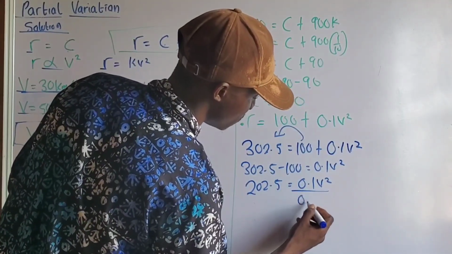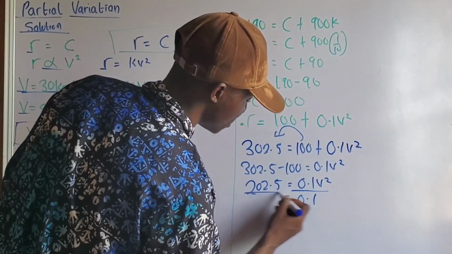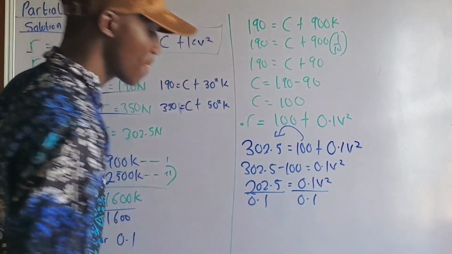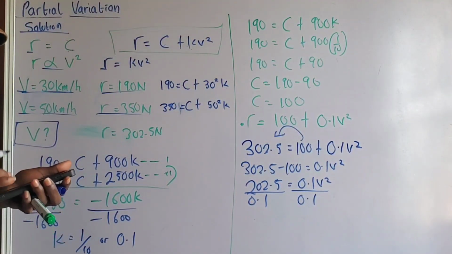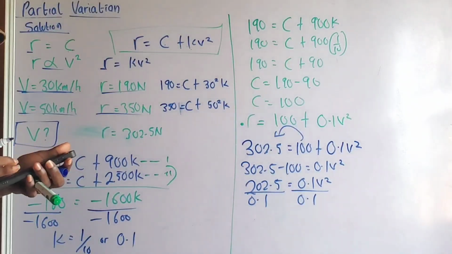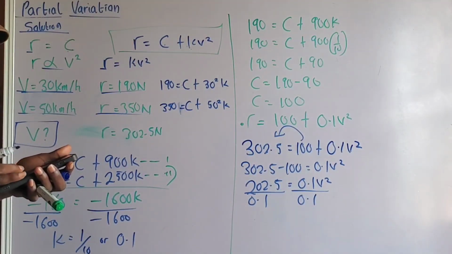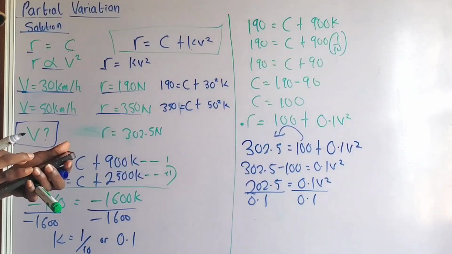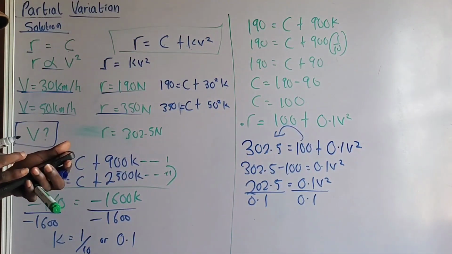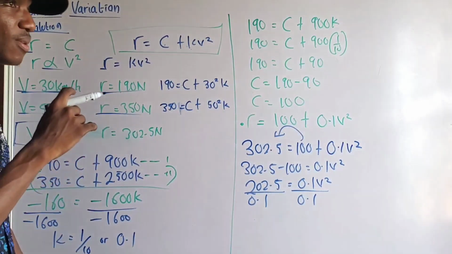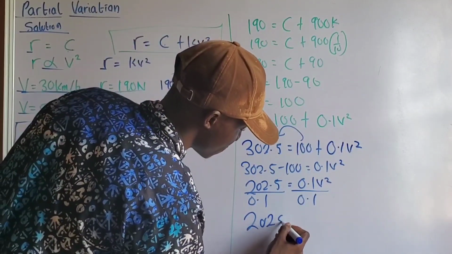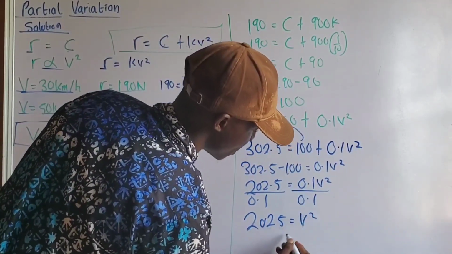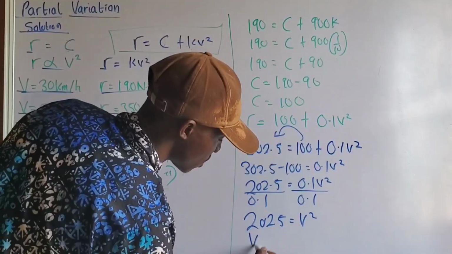To get the value of V, first divide this by 0.1. 202.5 divided by 0.1, that is 2025. Okay, 2025 equals V squared. To get the value of V, take the square root of both sides.